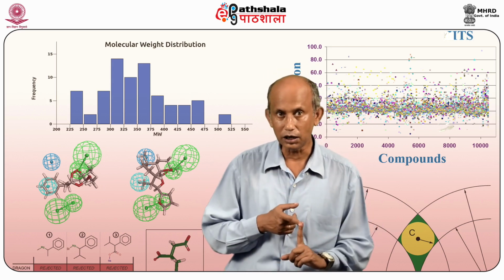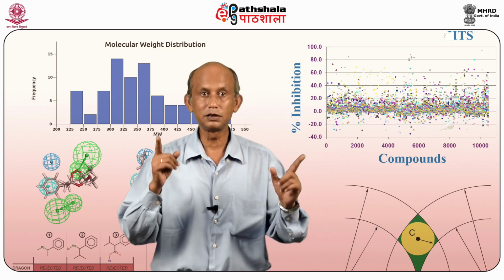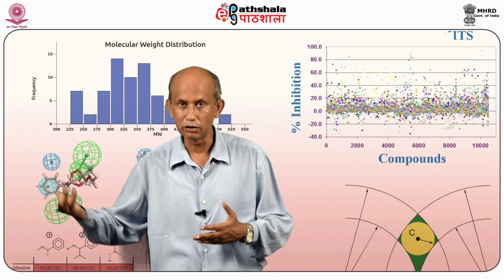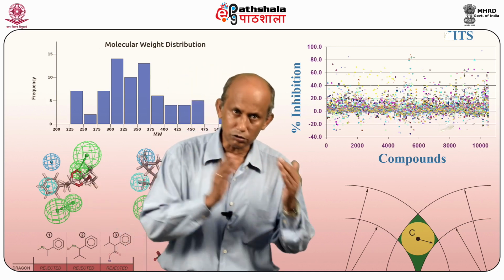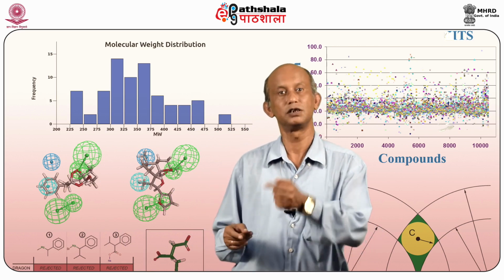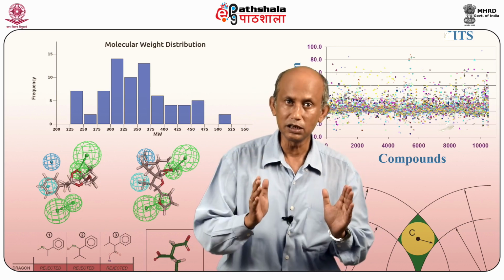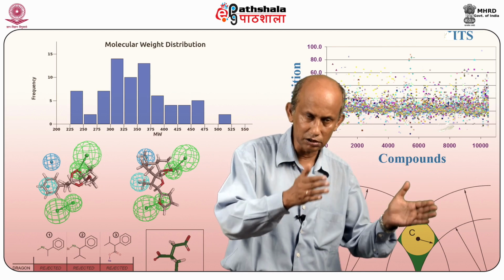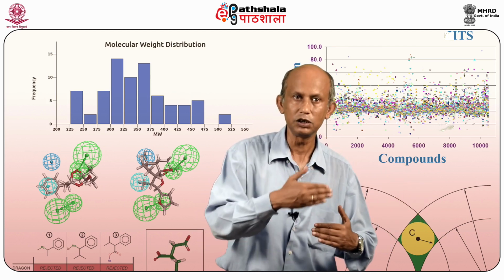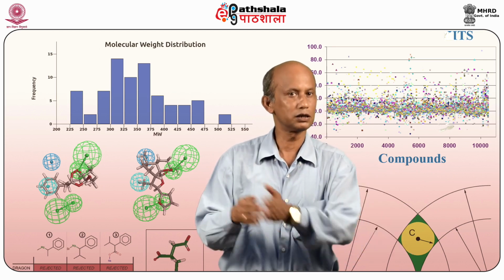Now this is not to say that within a CpG island, you will not find other nucleotides. Yes, you will. And it is also not to say that those parts which are not CpG islands, you will not find CpG. Yes, you will. It just means that there are certain regions in the genome where the frequency of occurrence of CpG is a little bit more than certain other regions.